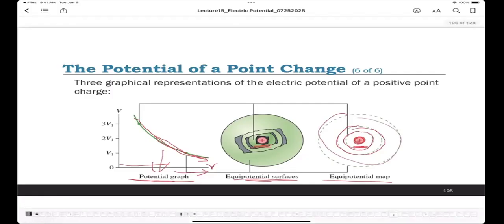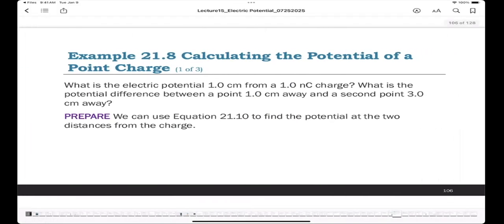Okay, and let's check this example by calculating the potential of a point charge. What is the electric potential 1 centimeter from a 1 nC charge? What is the potential difference between a point 1 centimeter away and a second point 3 centimeters away?